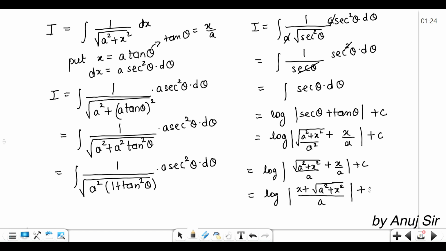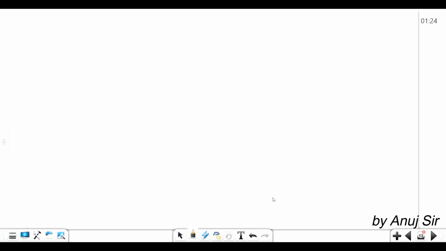Again we will apply the same log formula, log of a upon b is log a minus log b, so I is equal to log of mod x plus the square root of x square plus a square, minus log a, plus c.